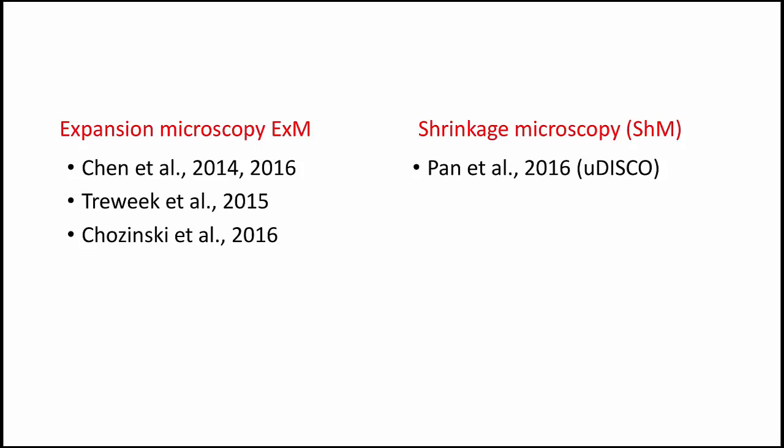Now we are looking at a different perspective. Instead of expansion, today I will talk about shrinkage, which we call shrinkage microscopy, SHM. That is developed by us, the ultimate DISCO or uDISCO clearing method. In shrinkage microscopy, the tissue shrinks to about 1/3 of its size. This may not seem very dramatic, but it is actually very helpful for imaging large organs and organisms.